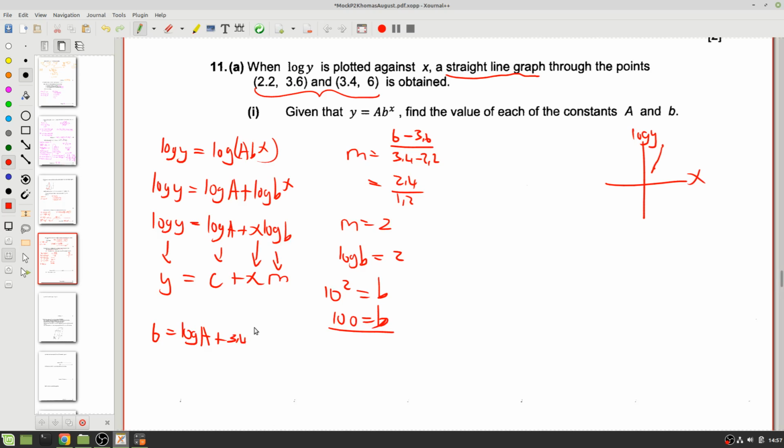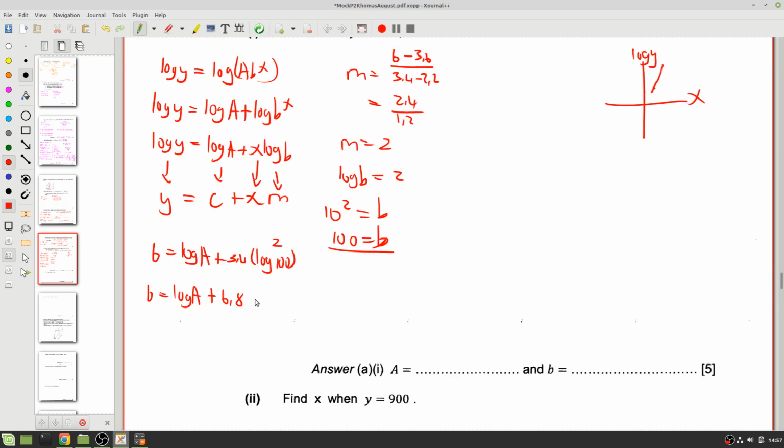So b is 100. So times log 100. Alright. So 6 equals log a plus, and log 100 is the same as 2. So 2 times 3.4 is 6.8. And then to get log a by itself, we can take the 6.8 over. So 6 minus 6.8 is negative 0.8. That'll be equal to log a.